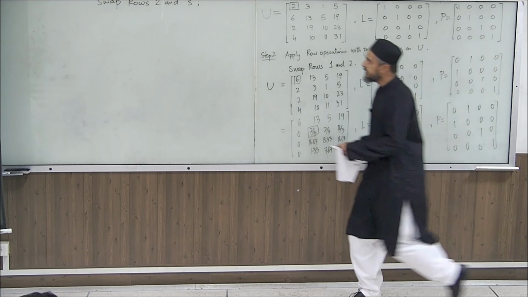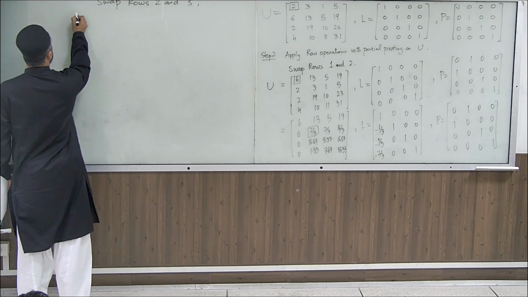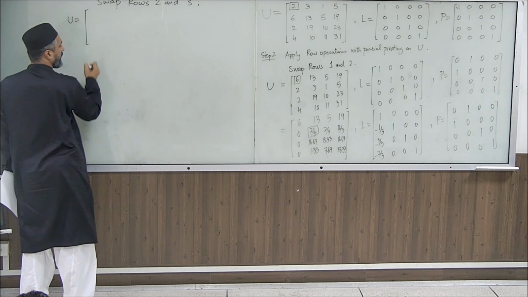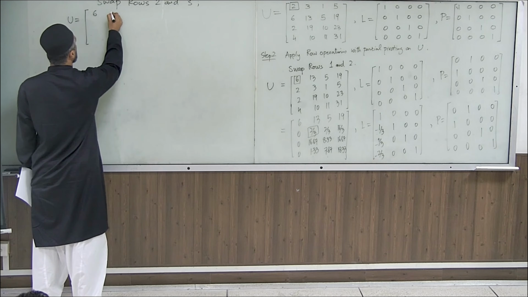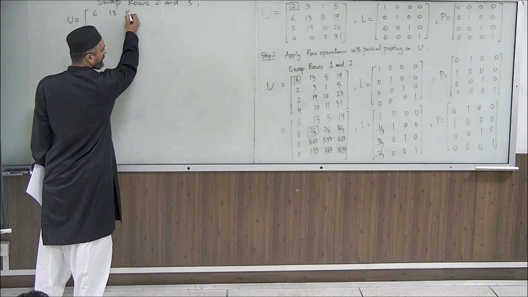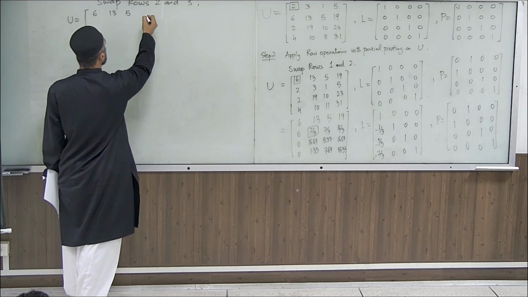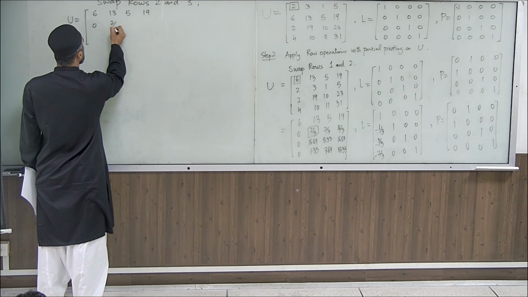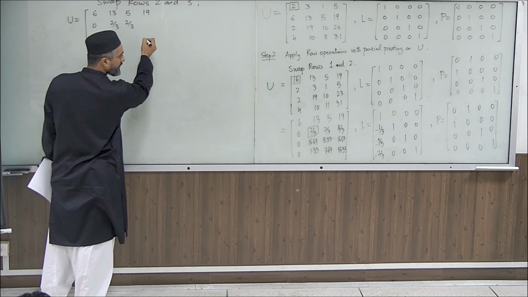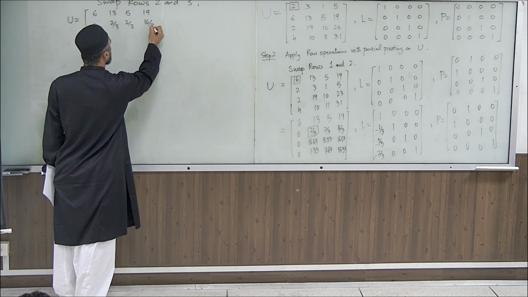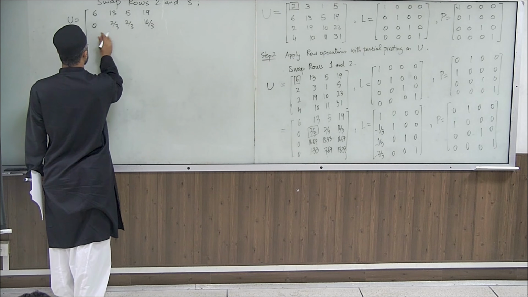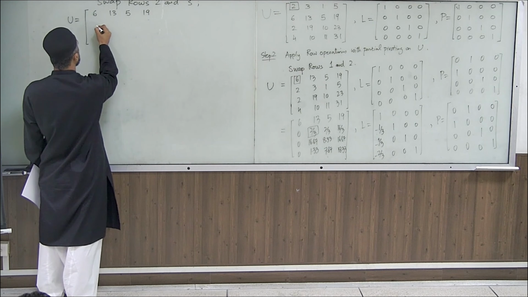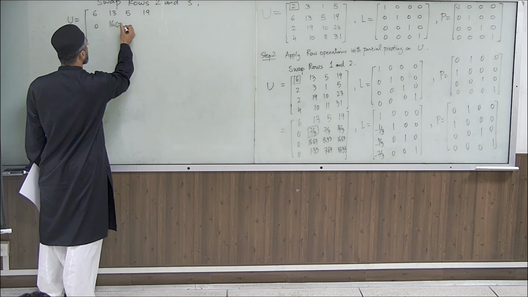Let me write over here a matrix U, which is 6, 13, 5, and 19; 0, 2 by 3, 2 by 3, and 16 by 3. Sorry, we have to swap the rows. So let me write the swapped row, which is 0, 16.67.